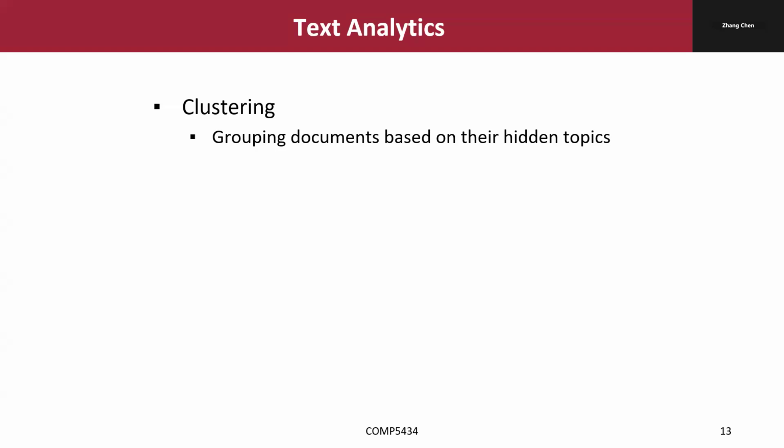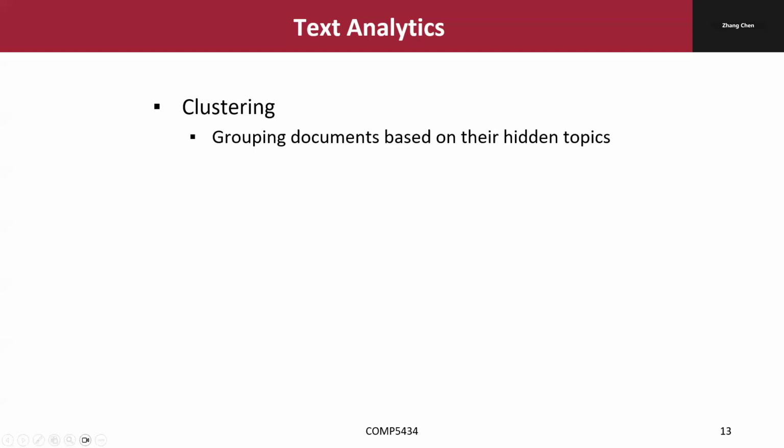We do clustering, right? And clustering groups documents based on hidden topics without using any labels, of course, because we do not have any labels. For example, if you find some news articles, we can cluster them by topic like sports, politics, technology, right? Those can be automatically grouped together.